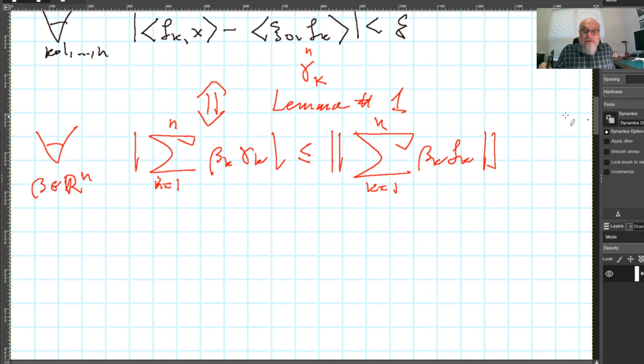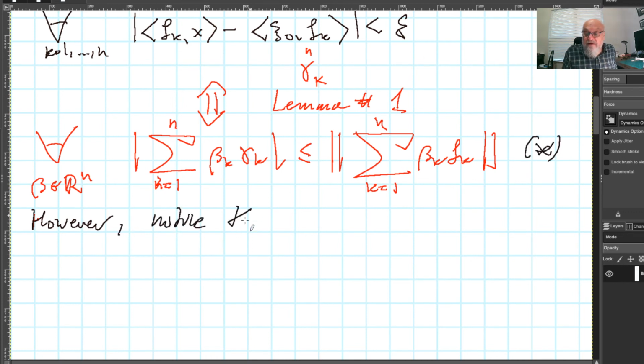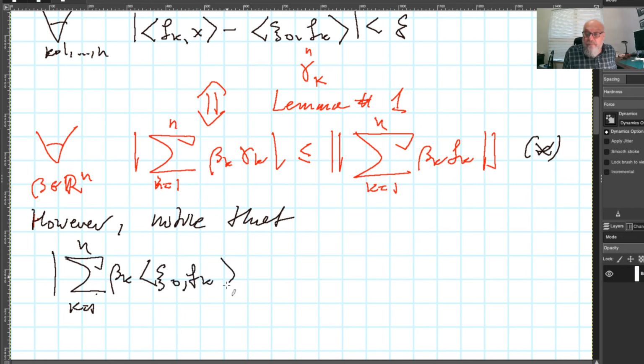So let me notice, however, call this star. Notice that I can rewrite this star like this: the sum for k equal 1 to n of beta k, and replace Fk, so this is psi naught on Fk, close it.